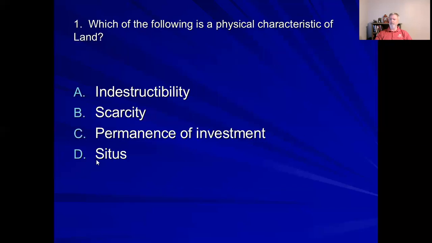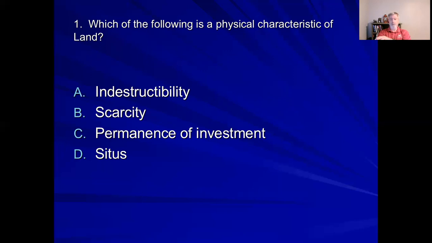question number one. Which of the following is a physical characteristic of land? And then obviously we have our options: indestructibility, scarcity, permanence of investment, and situs. Well, if you recall, there are quite a few characteristics of land. Some of them are considered physical characteristics, while others are considered economic characteristics.